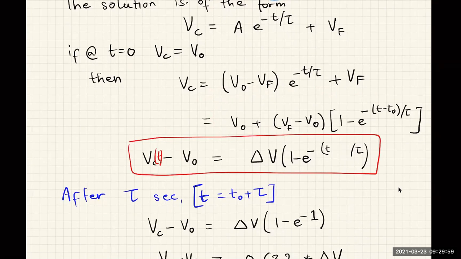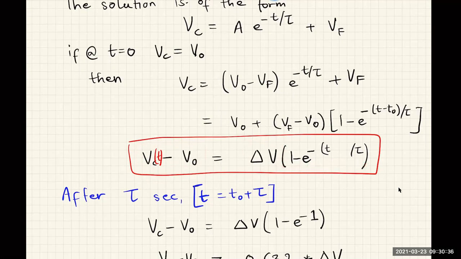At any instance in time, the deviation from the initial voltage is going to be some fraction of the total voltage difference from start to finish.